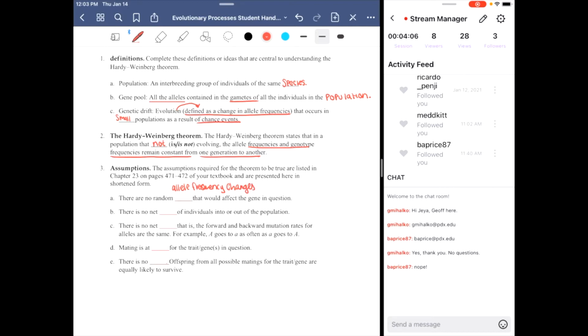We need to be sure that there are no random allele frequency changes that can affect the gene that we're actually looking at. Then the second one is that we don't want a net migration of individuals either into or out of the population, and that there is no net mutation.